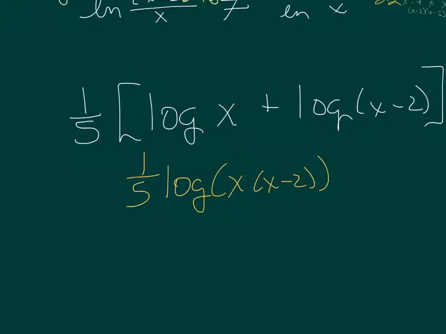Here you open your parentheses for the log, and then I closed it here. So what's the next step? We could move the 1/5 out, or you could even do this if you wanted to. Either way would be fine.